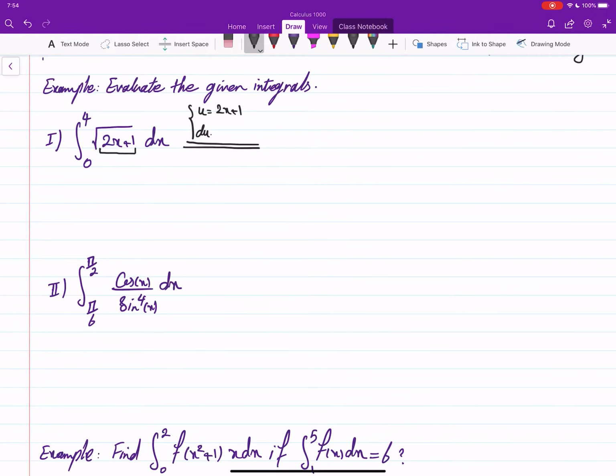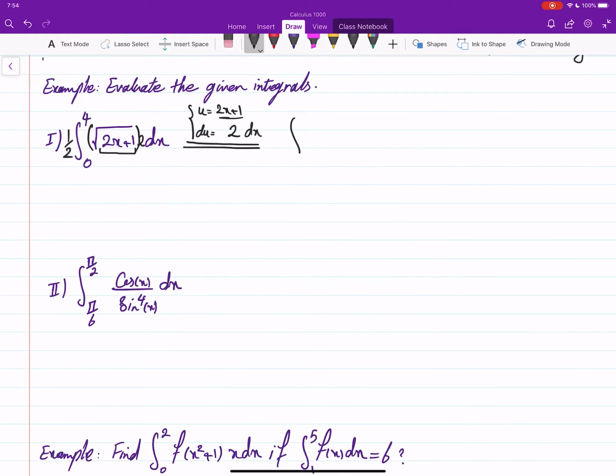Then du and dx are related by multiplying dx by the derivative of 2x plus 1, which is 2. But you see that there's no 2 here. Since 2 is constant, I can multiply 2 inside. So this is something like that. And then just to get rid of the effect of that factor of 2, we divide the whole integral by 2.